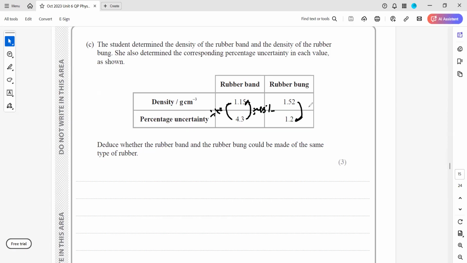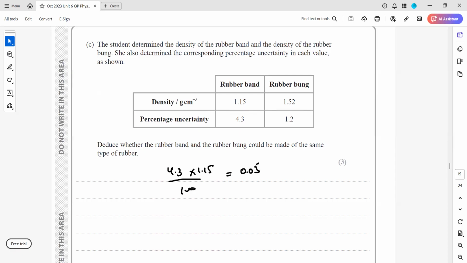I will find 4.3% of this: 4.3 times 1.15 divided by 100. What is the answer here? 4.3% of this 1.15. It is 0.05, or 0.049. So 0.05 is there.